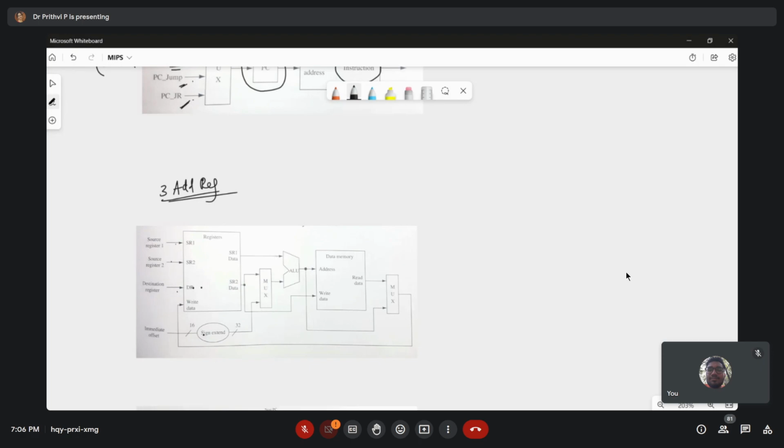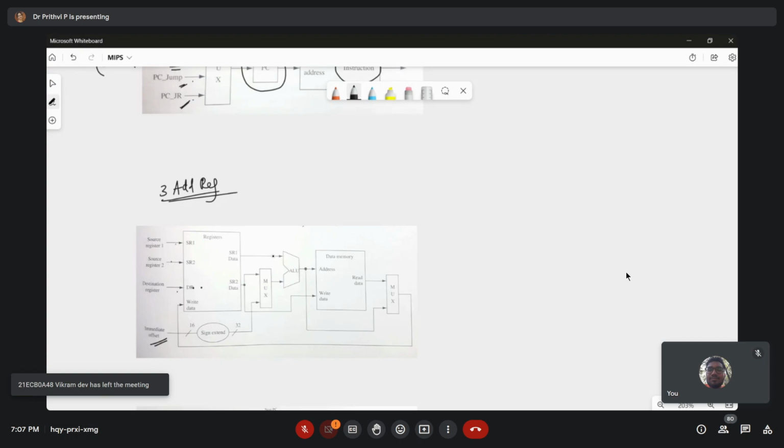This offset is based on signed or unsigned values, and it will be used to select between read or write operations.